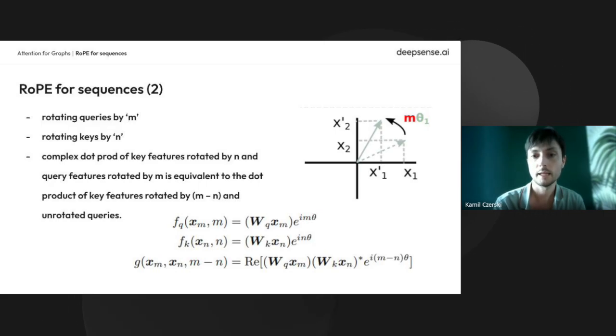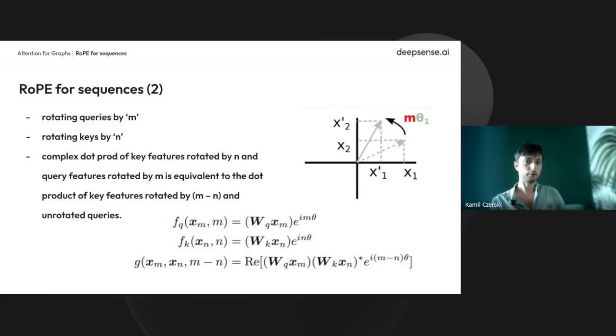And the key feature, the most important feature of this entire approach in my opinion, is the fact that if you rotate query by an angle m times theta, and you rotate key by n times theta, then when you calculate the dot product of them, it is the same as calculating the dot product without any rotations of query and key, and then applying a rotation by an angle which is m minus n.